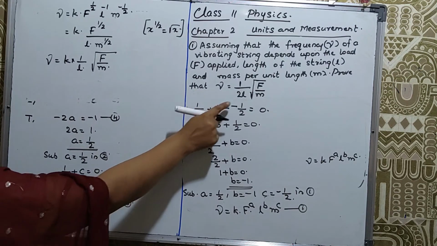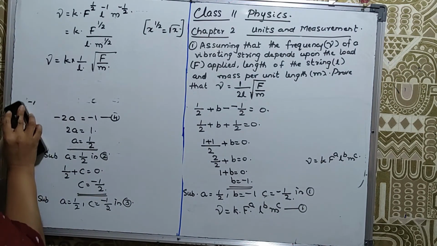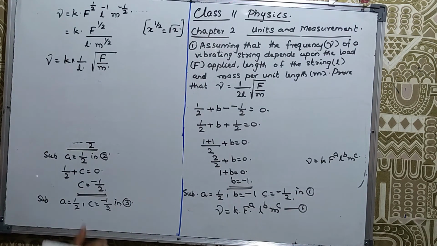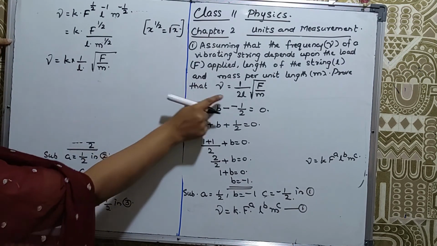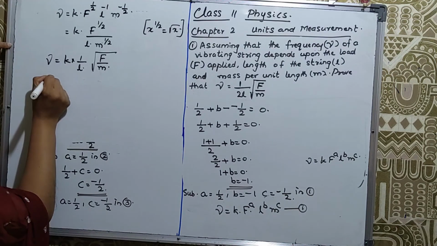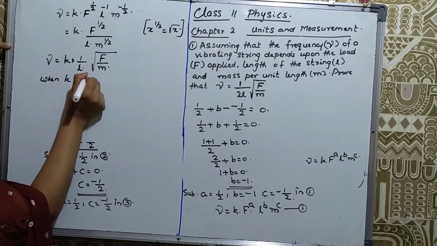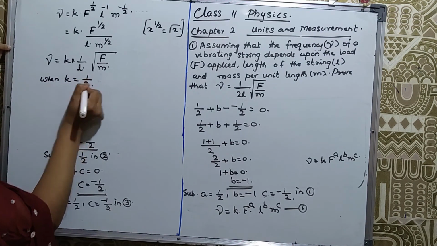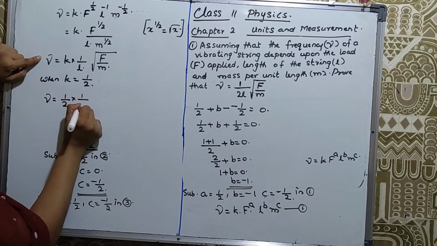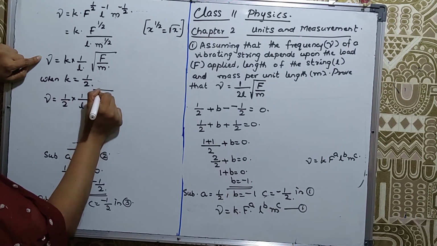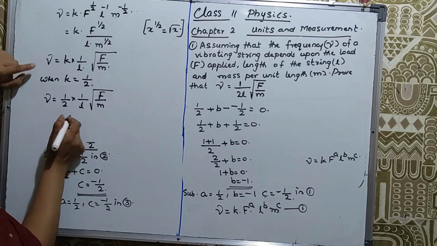Now what is needed? One half we need. Because we want to prove that, we'll assume K equal to half. So when K equal to half, frequency nu will be 1 by 2 into 1 by L into root of F by M. So 1 by 2 into L is 2L.